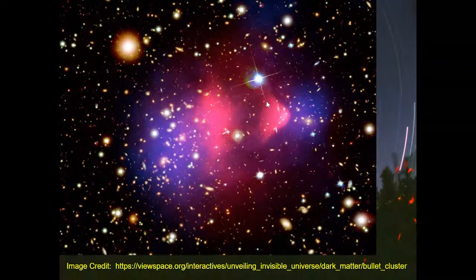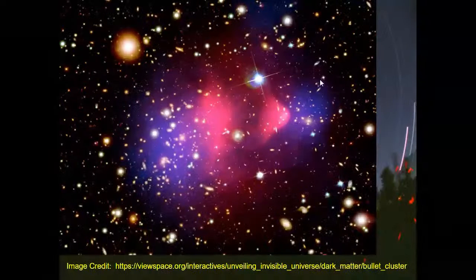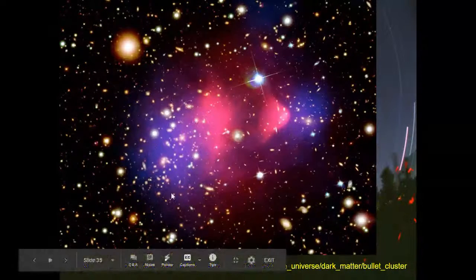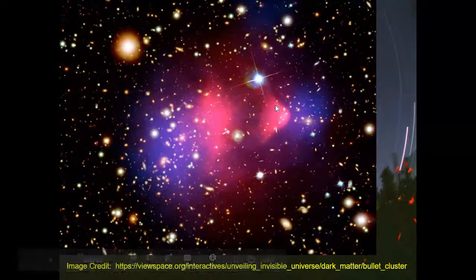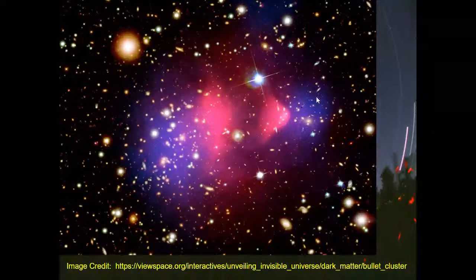So the bullet cluster information tells us, yes, there is indeed matter which does not have any viscosity. Rather, its influence is essentially inferred via the gravitational interaction.